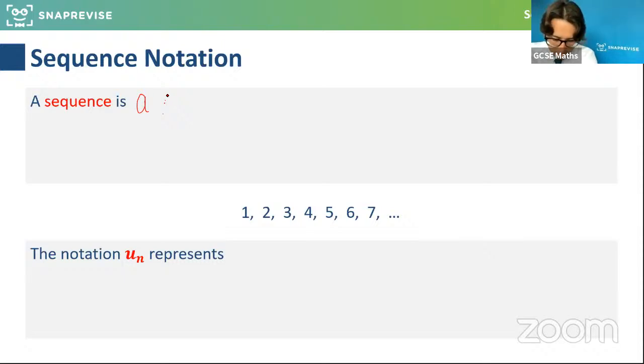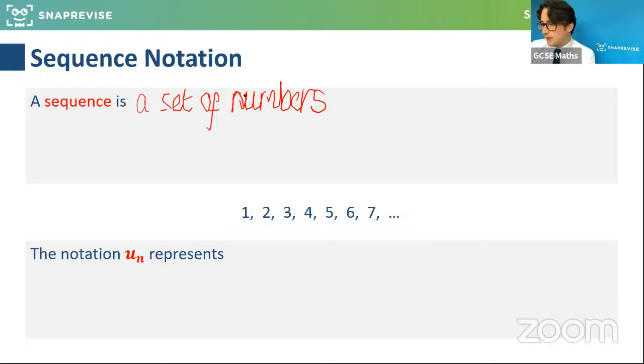A sequence is a set of numbers in a particular order that follow a pattern.